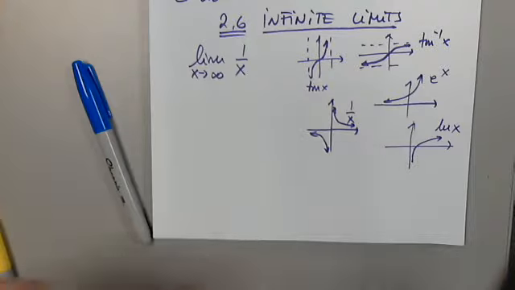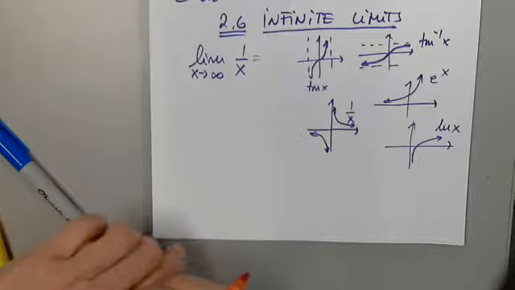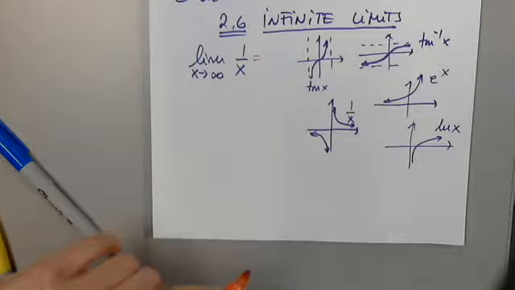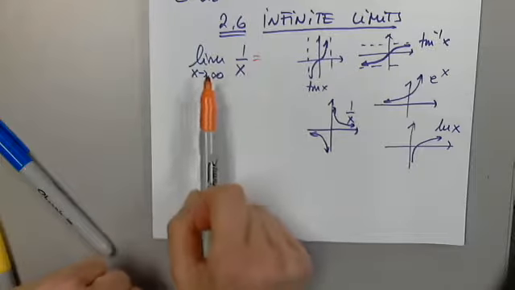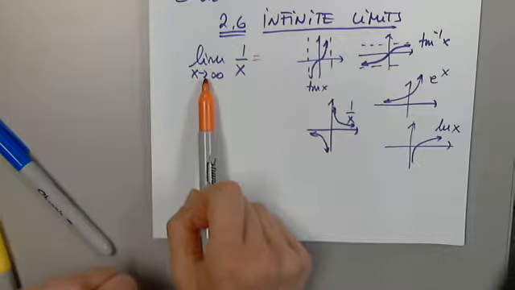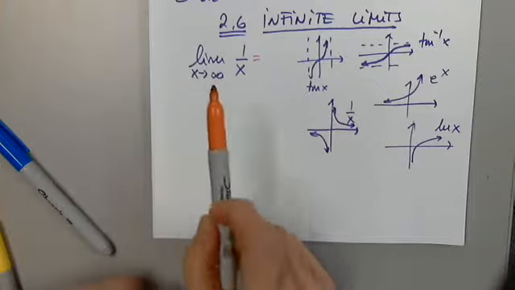Good, so what would you say? The limit of 1 over x when x approaches infinity, or negative infinity. What will that be? The limit of 1 over x as x approaches infinity. Let's take a look.